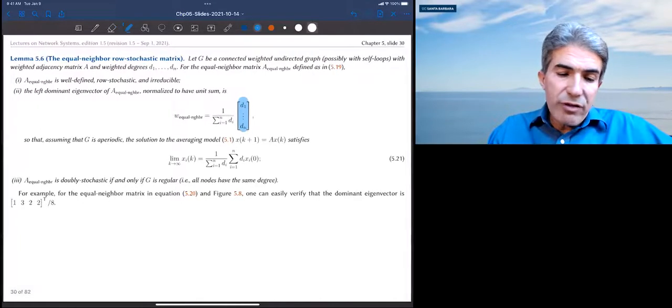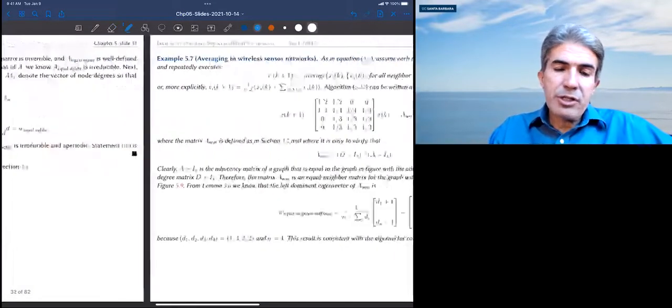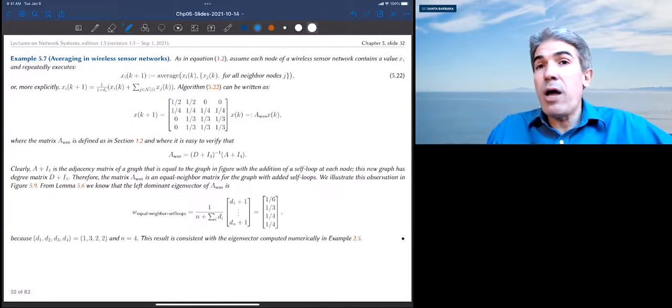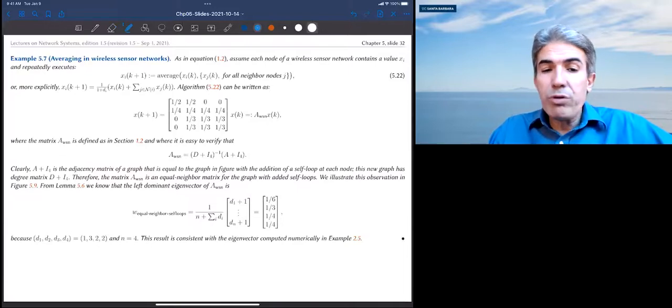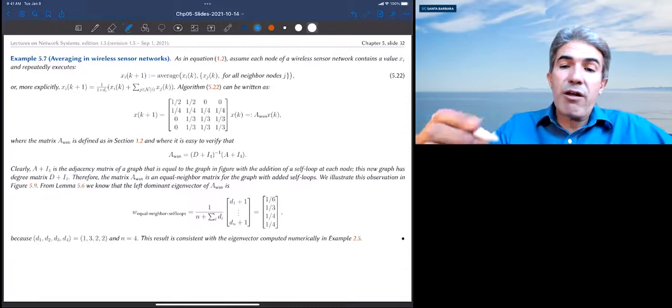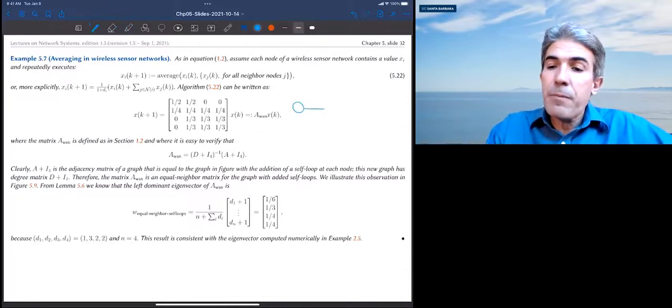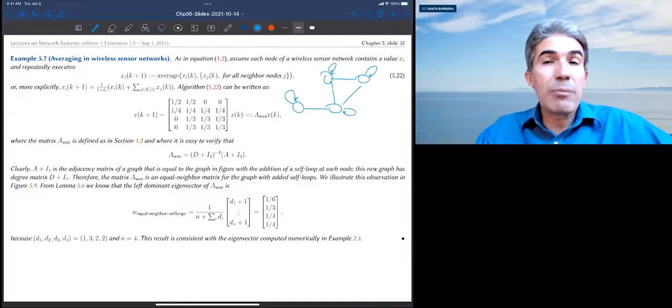The second observation: in chapter 1, we used the equal neighbor model. However, before using it, we added self loops. We took a graph that was undirected, and the first thing we did was add self loops, and then we applied the equal neighbor model.